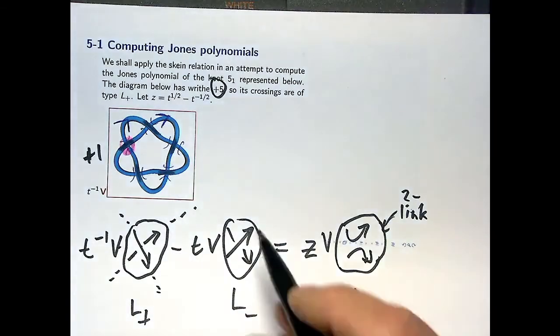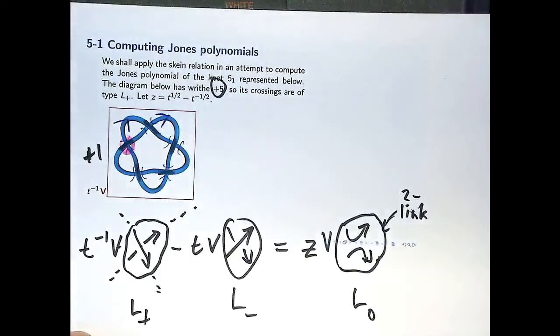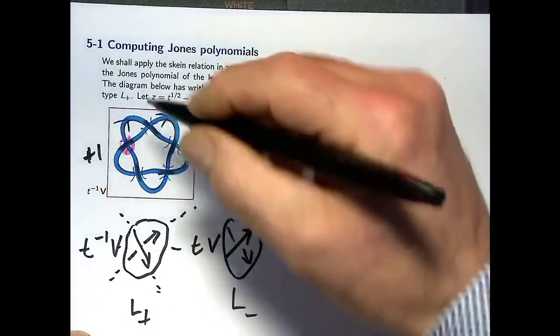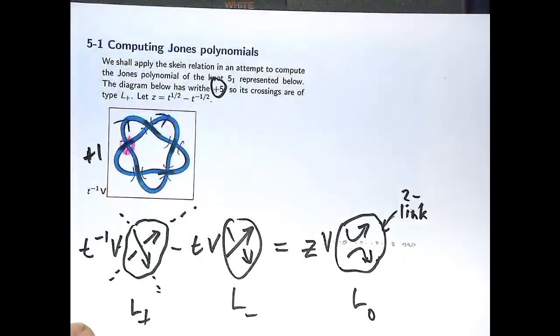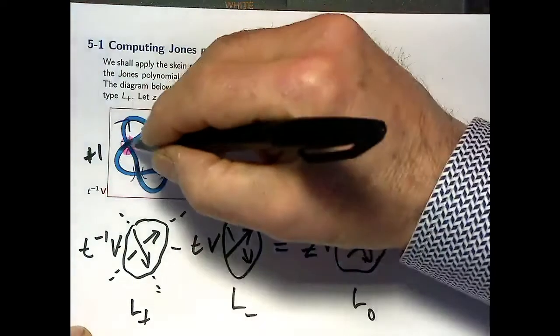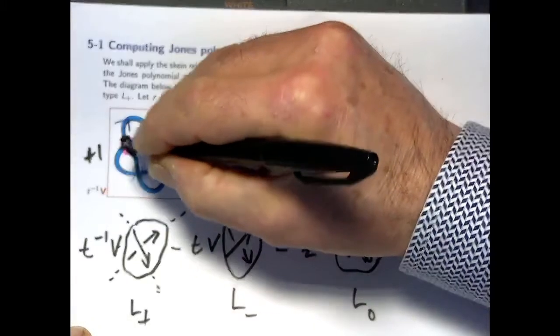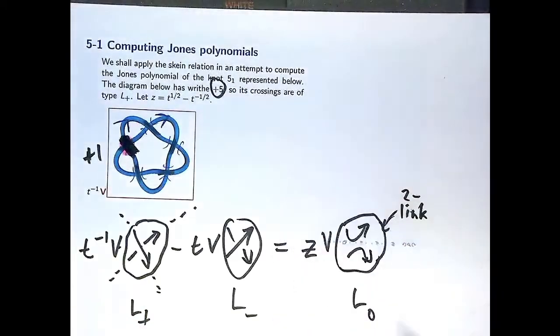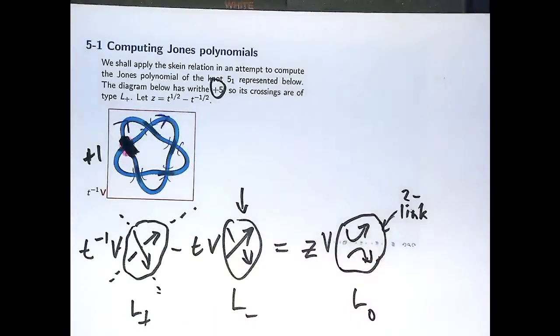So the first thing we do is we reverse the crossing. So I'm working with this crossing here. So the overpass is going, but if I reverse it, then this becomes an overpass like that. Okay, I'm now doing this one.